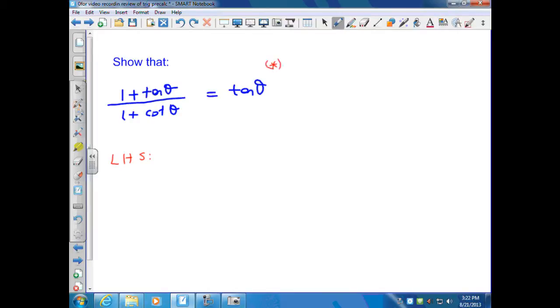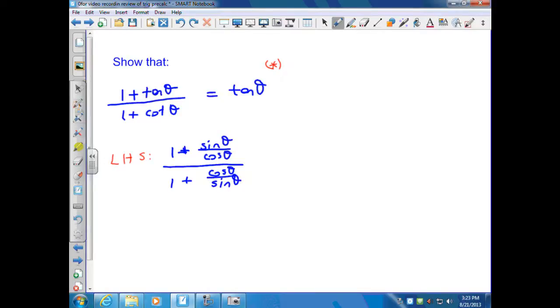And another tip you might use is to convert everything into sines and cosines, especially if you don't see any other easy-to-spot identities right away. So if we write the left-hand side in terms of sines and cosines, again, tangent is sine over cosine, and cotangent is cosine over sine.